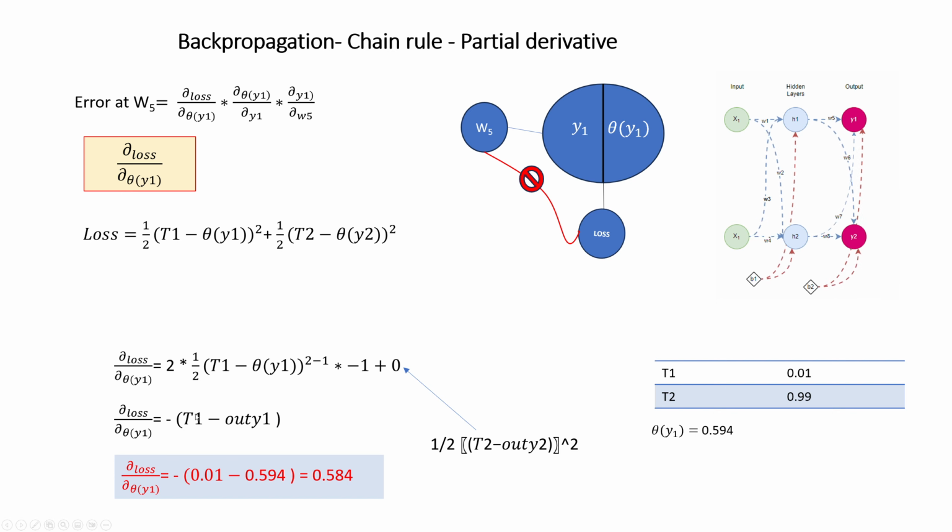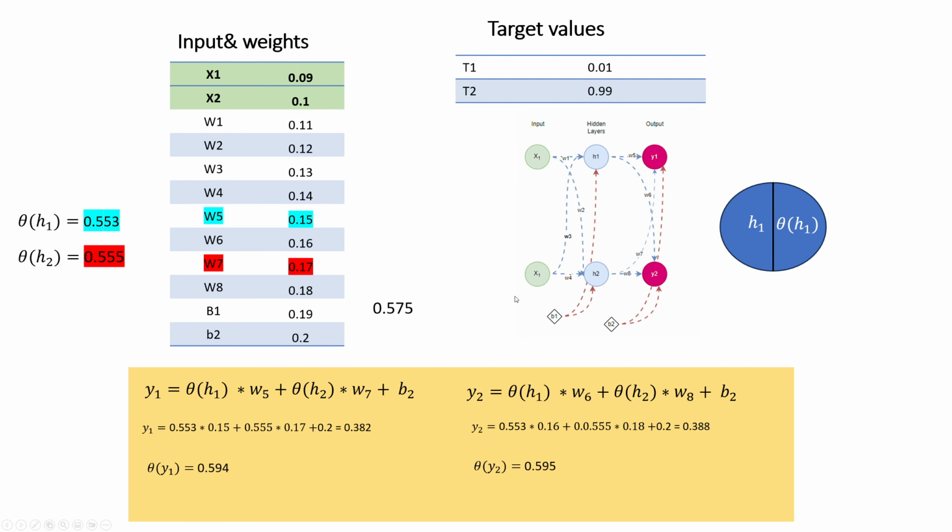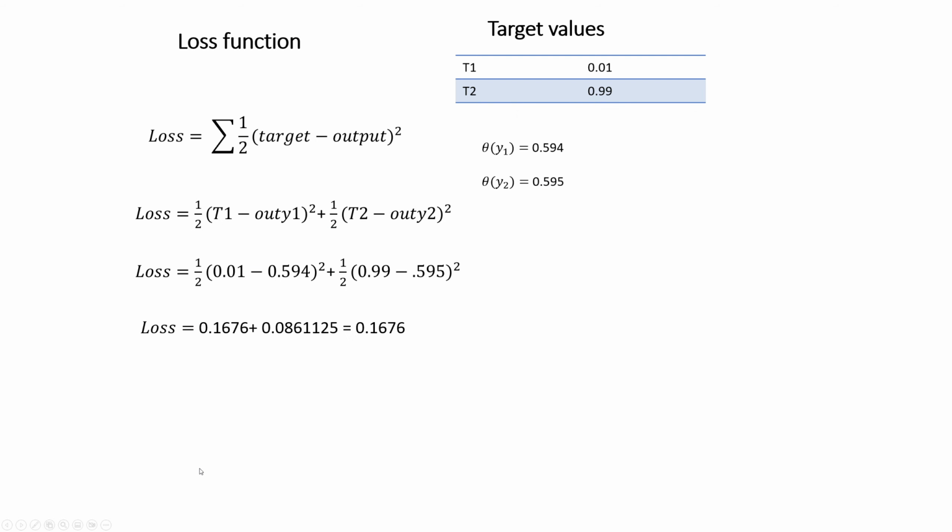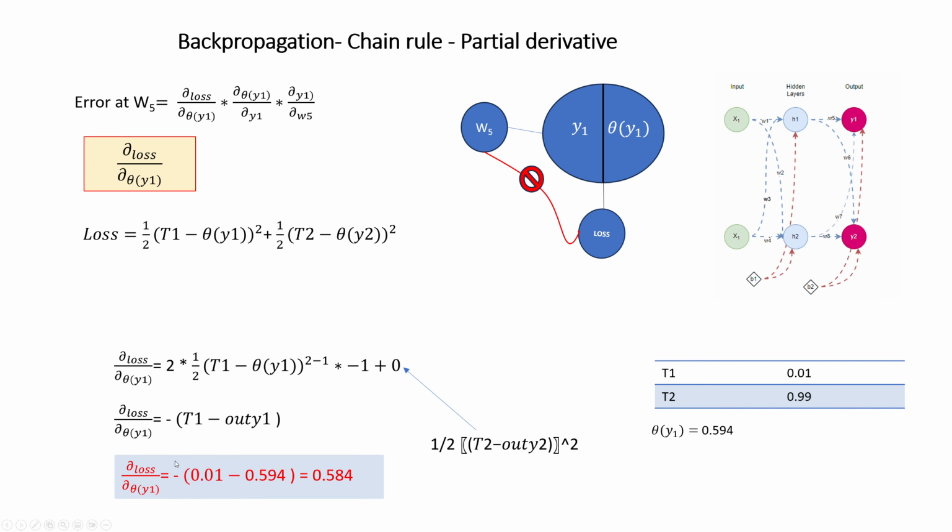I have t1 here, and y1 was already calculated, as shown here. So now we have found the derivative of loss with respect to sigmoid y1. And as I said, this other term will be 0.